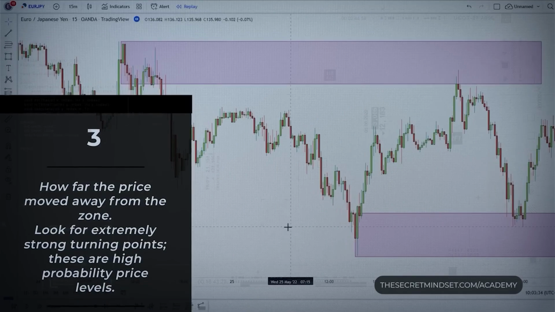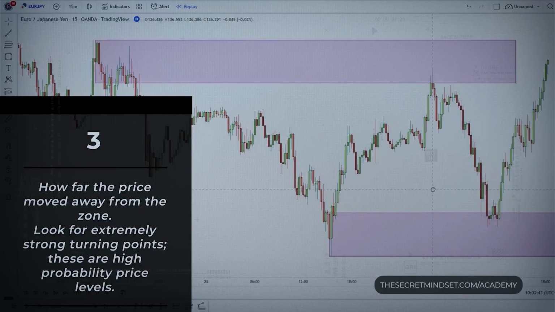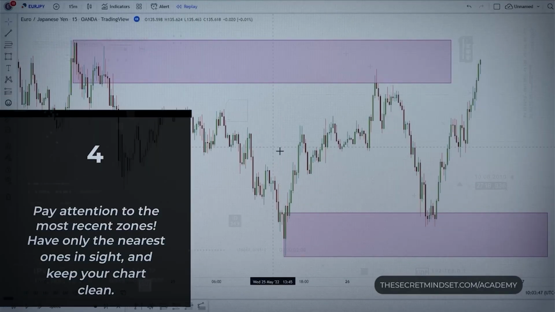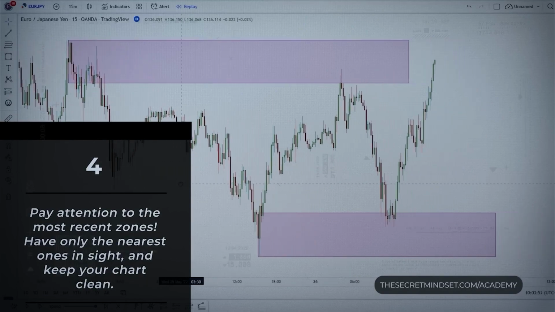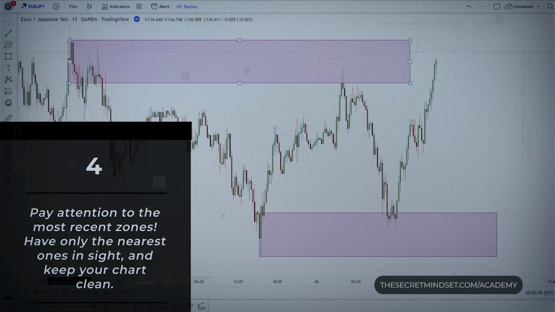You also want to analyze how far the price moved away from the zone. Look for extremely strong turning points. These are high probability price levels. And I said it before, pay attention to the most recent zones. Have only the nearest ones in sight, and keep your chart clean.